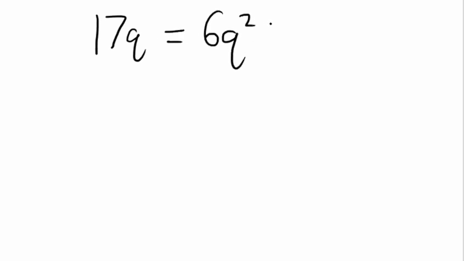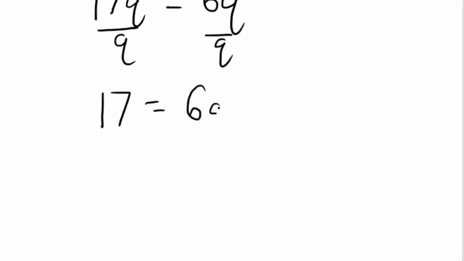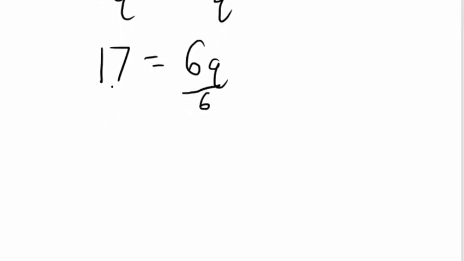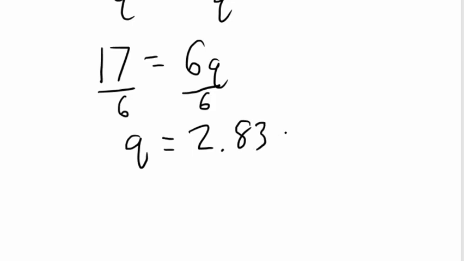What we're left with is 17Q equals 6Q squared. We can divide both sides by Q, and we'll have 17 equals 6Q. Then we divide by 6, and we are left with Q equals 2.83. So Farmer John would produce 2.83 yams to sell to market.